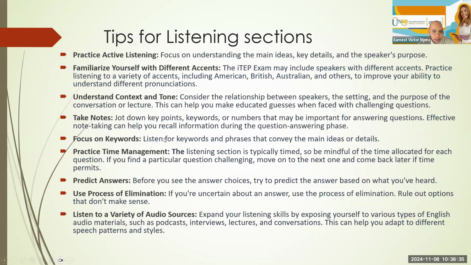Practice time management. This is very important. And predict answers. I was telling my student this week, sometimes it's very interesting with the listening questions, just by reading the questions and checking the answers, at times it is possible to answer the listening question even without listening to the audio.